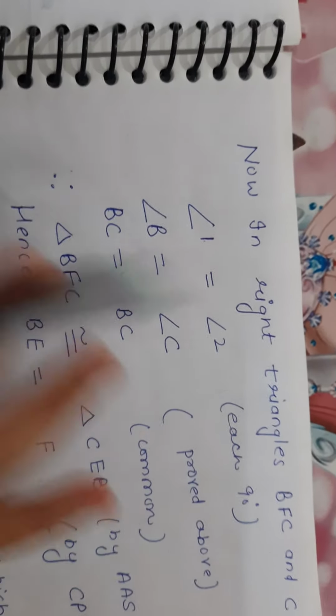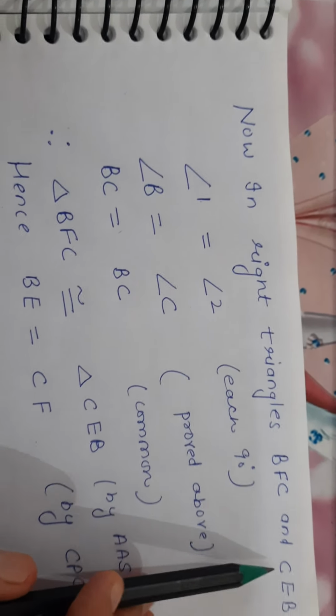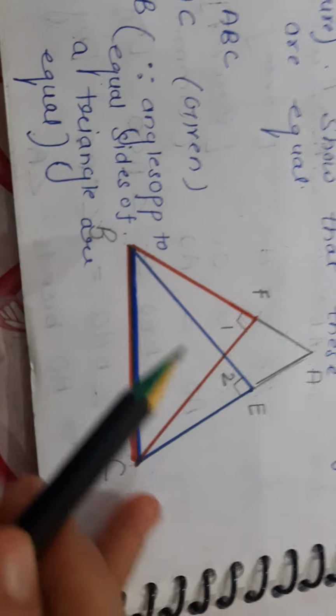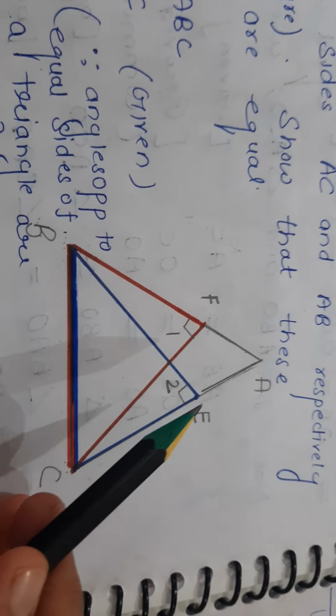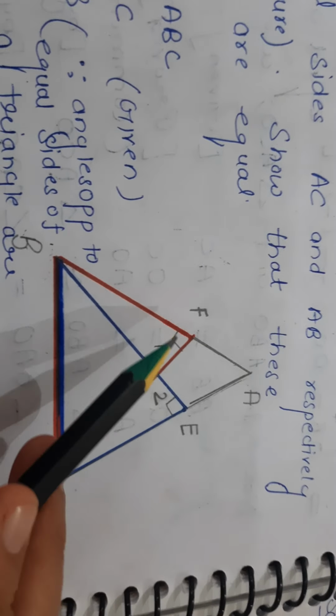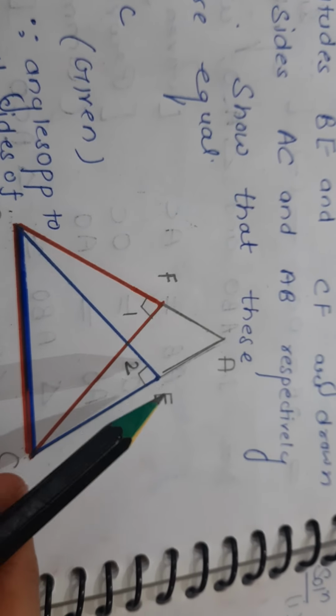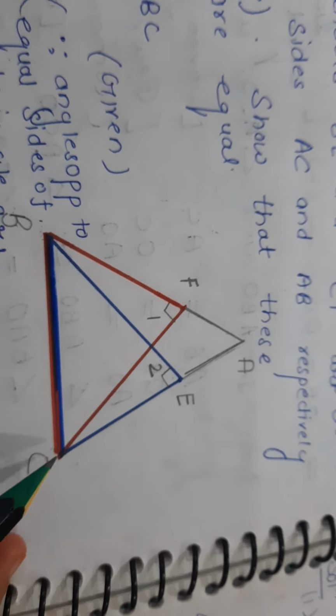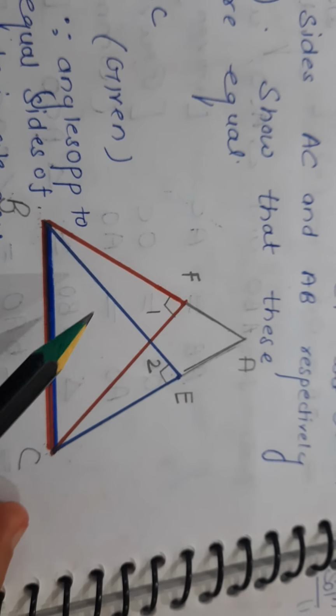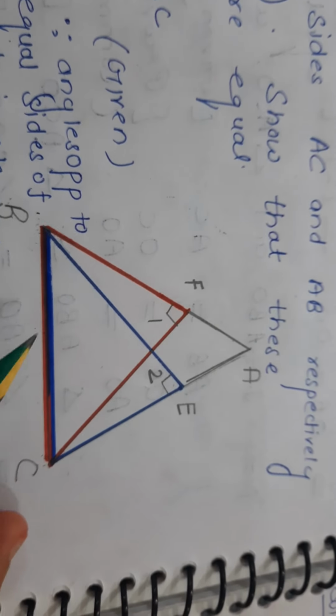Right? Now, in right triangles BFC and CEB, look into the diagram. I have taken these two triangles because you need to prove BE is equal to CF. So I have taken the right triangle BEC and another, labeled one with blue and another with red.